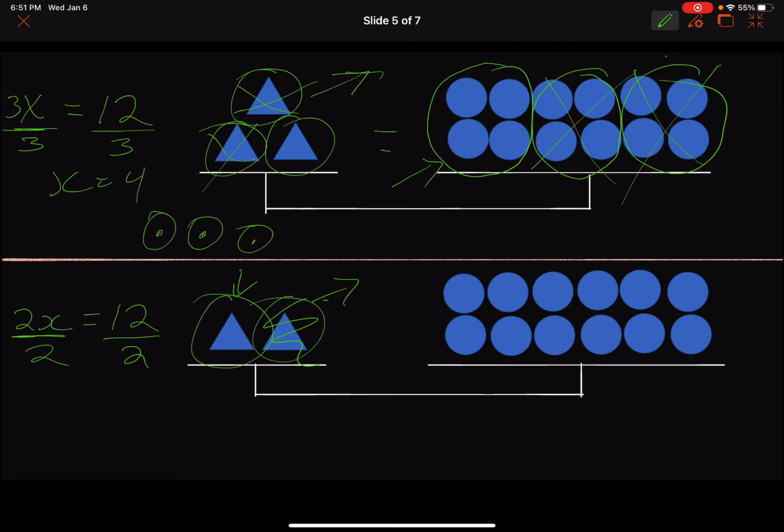So this is going to go away, and I have x, and that is going to be equal to, now I'm going to divide these into even groups. I'm splitting this in half because I'm dividing by 2. I'm only going to look at one of those halves. So this goes away, and I know that my answer is going to be 6. So x is equal to 6. They remain equal on both sides.